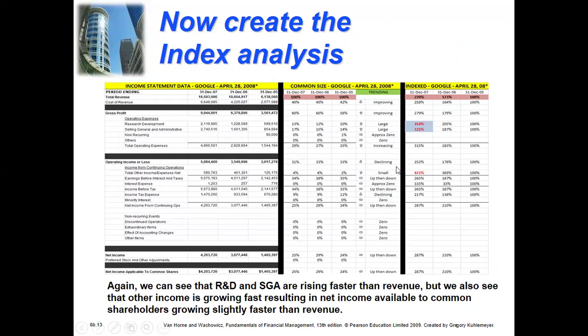So when we do this type of analysis, be it the ratios, the index analysis, the common size analysis, you should be able to tell or advise stakeholders whether this business is going to fail in the long run or not.